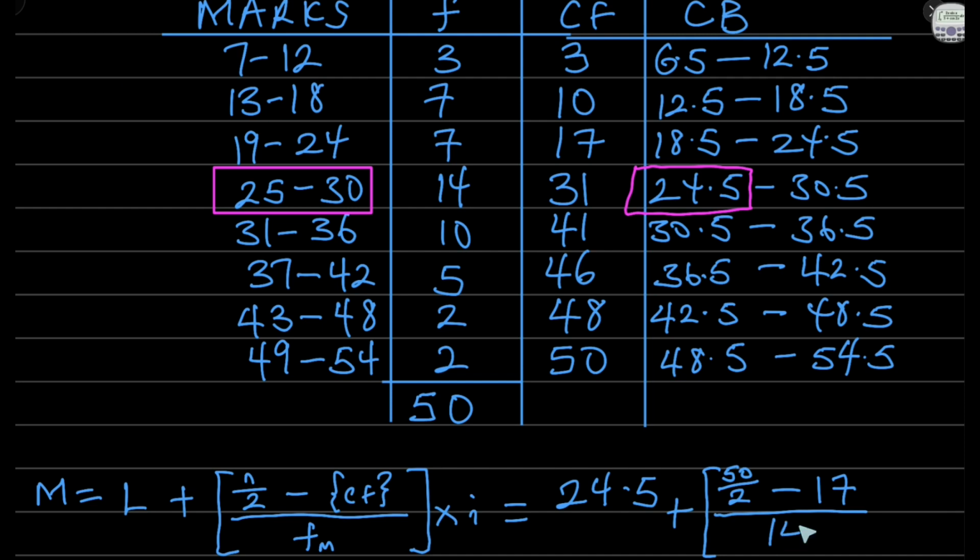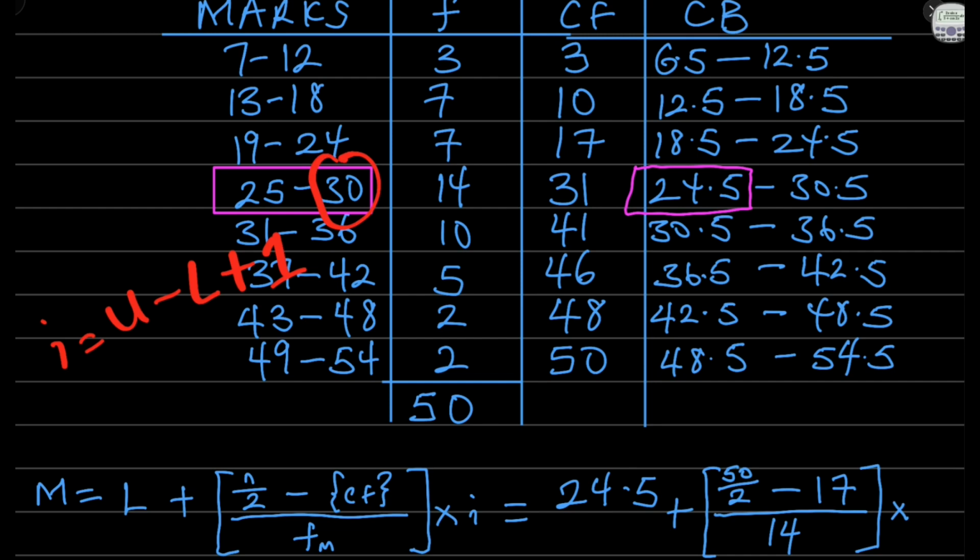So 14, close the brackets, multiplied by the class interval I. And I did say that your class interval I is gotten by your upper limit minus your lower limit plus 1. So in this case, our upper limit for the median class is 30.